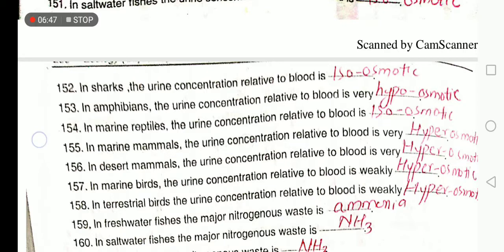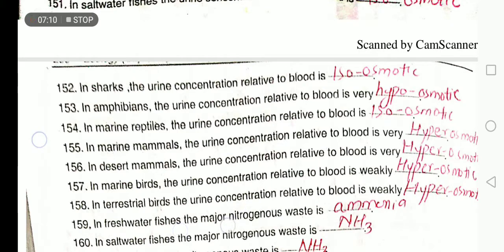In marine mammals, it is hyperosmotic. In desert mammals, it is hyperosmotic. In marine birds, the urine concentration relative to the blood is weakly hyperosmotic. In terrestrial birds, it is weakly hyperosmotic.